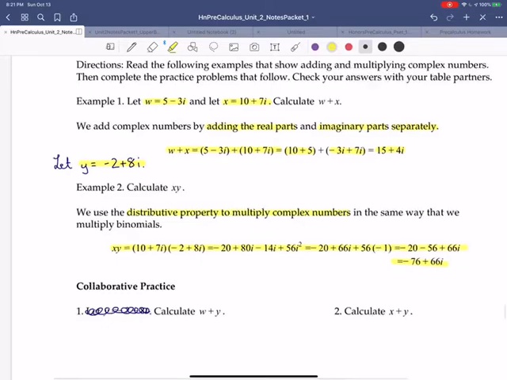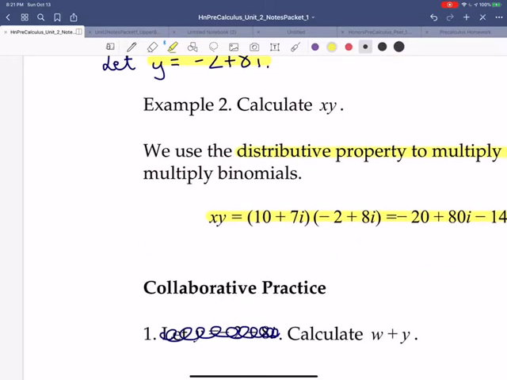So I'm going to make a little expansion box that will allow us to better organize our work. We'll write it this way.